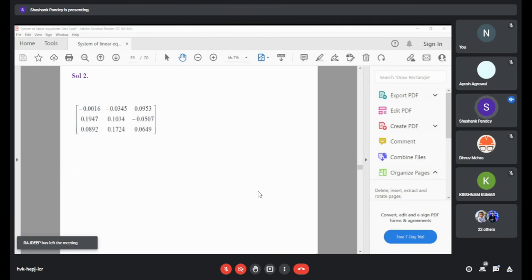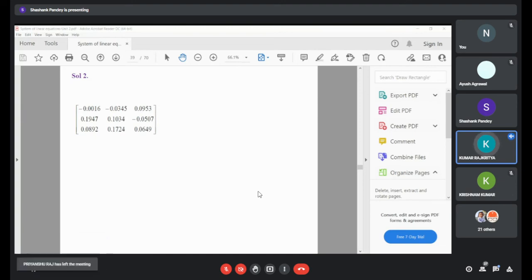Okay, anything we need to discuss? Sir, I have one doubt on the Gauss elimination method. Please tell that. Sir, in the book I follow, the representation of the method is that at first they write the augmented matrix form, and then they write the pivot multiples on the left side.